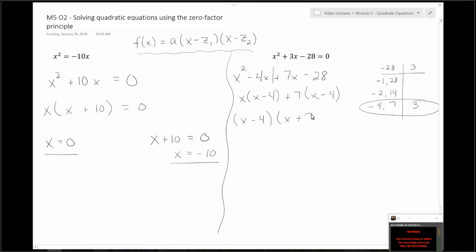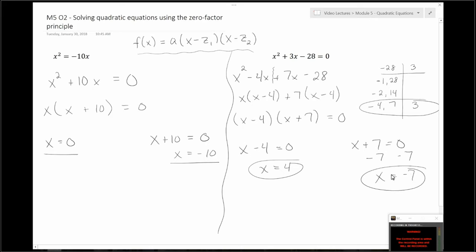This is where we kind of stopped in module 2 factoring. So at this point, we've factored the left side of the equation, and it's set equal to 0. So now I can use this zero factor principle to solve the two separately. And so again, I have my two solutions.